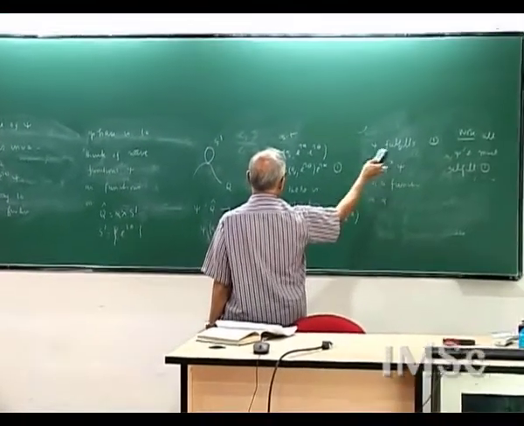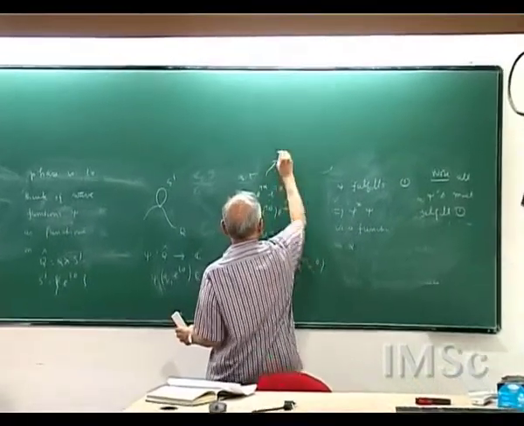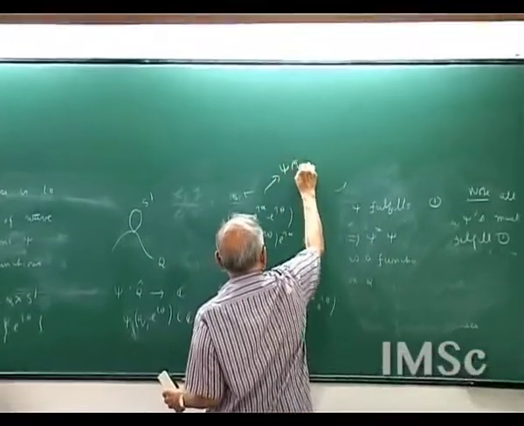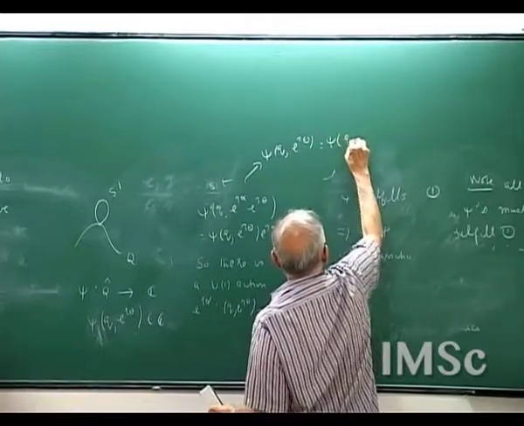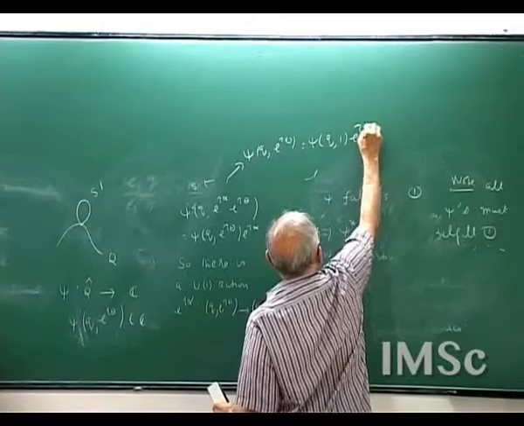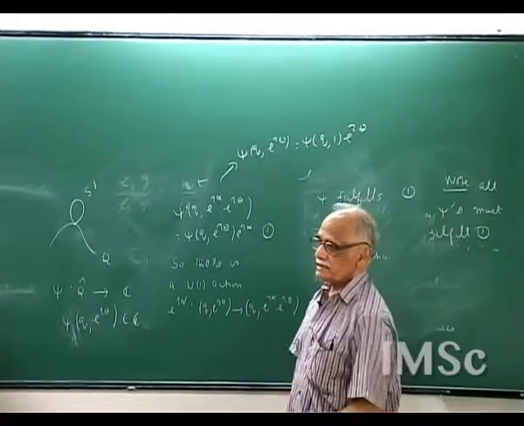So in this particular case, psi(q, e^{i theta}) is some psi(q, 1) times e^{i theta}, and it cancels out.